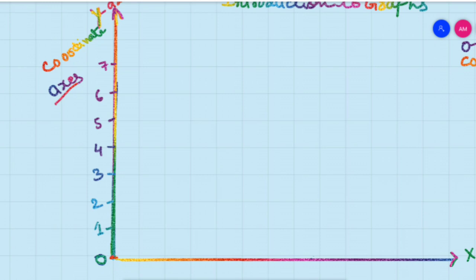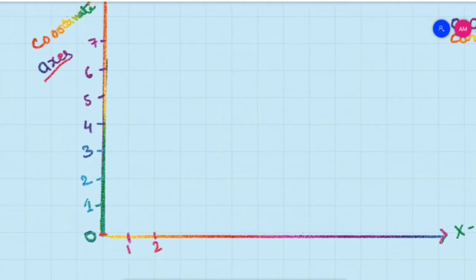Now from here, this one is 0. This one is 1. Since this is 0, you are getting 1 here. This one is 2. Now this one is 3, 4, 5, 6, 7, and so on, 8, 9, 10, like this, and so on and so forth.